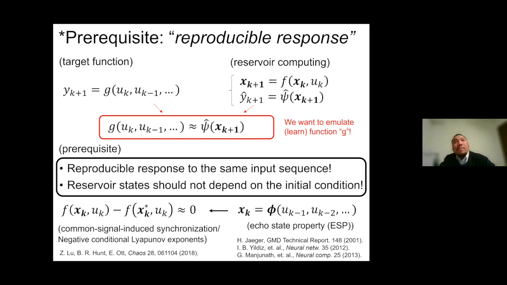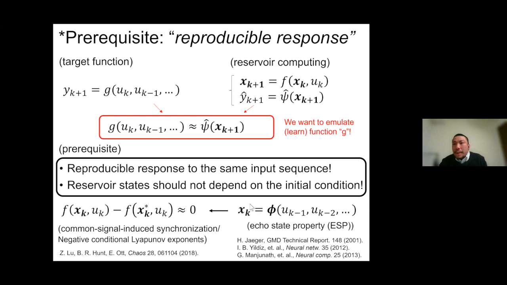This is called generalized synchronization between the input series and the response. And this property is called the echo state property. It means that the response can be expressed only as a function of the previous input series. This is called the echo state property.